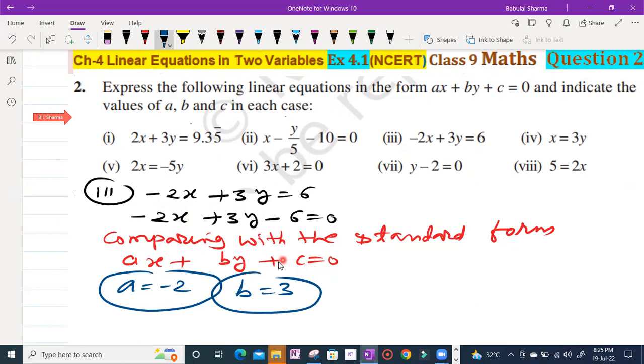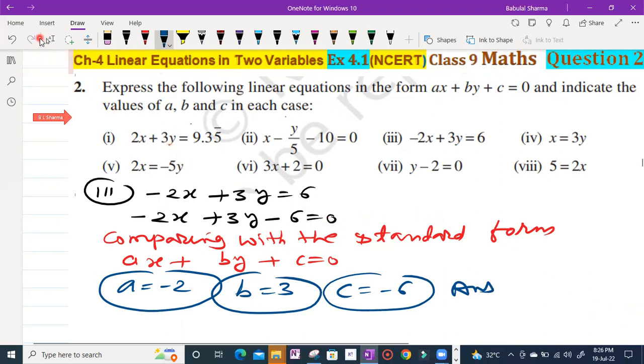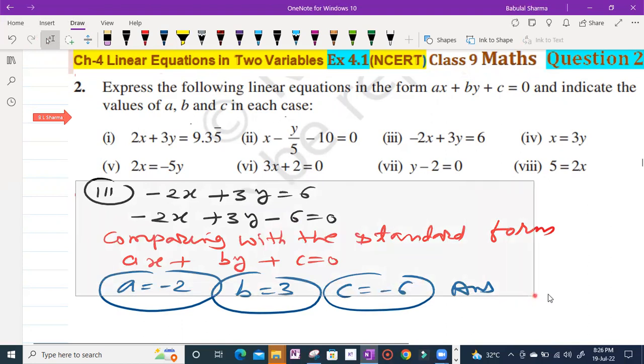And see, here the constant term is c, and here the constant term is -6. So c is equal to -6, answer. This is part third. Now we move on to the next part of it. अब हम next part, fourth part करेंगे.